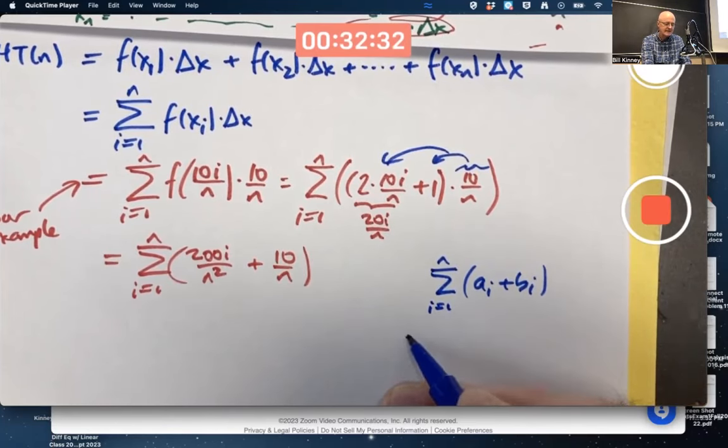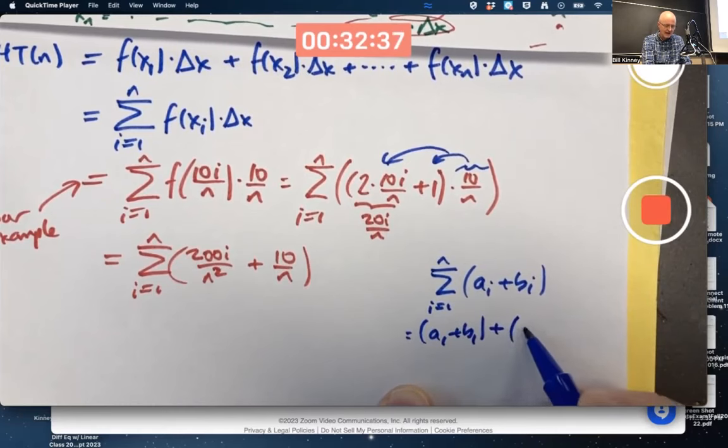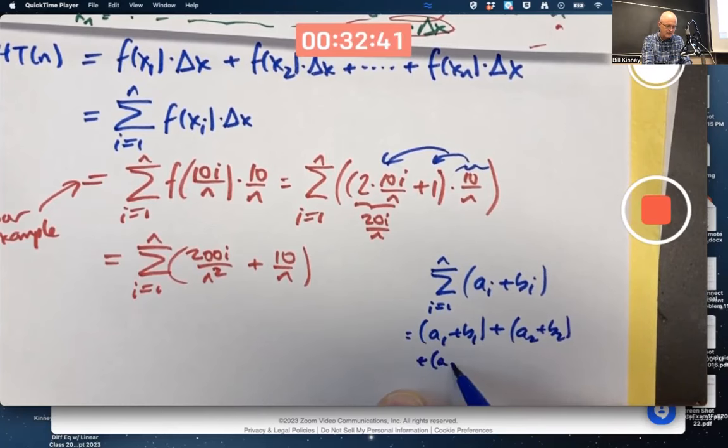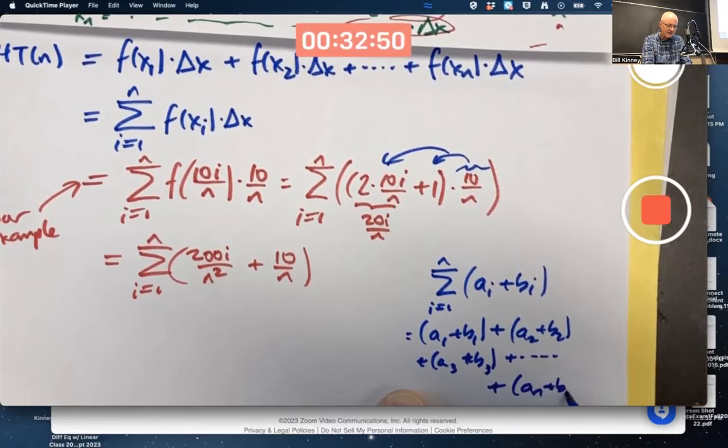This means A1 plus B1, then plus A2 plus B2, then plus A3 plus B3, etc. The last thing that would be added would be AN plus BN.